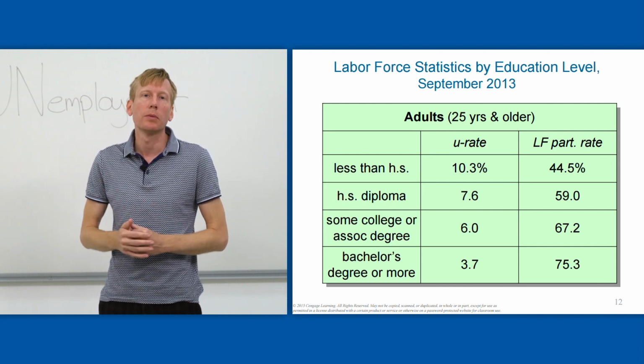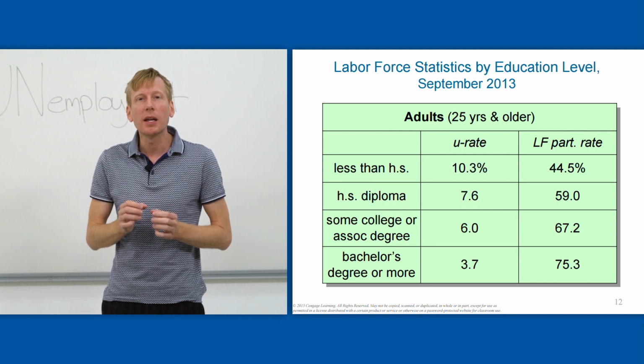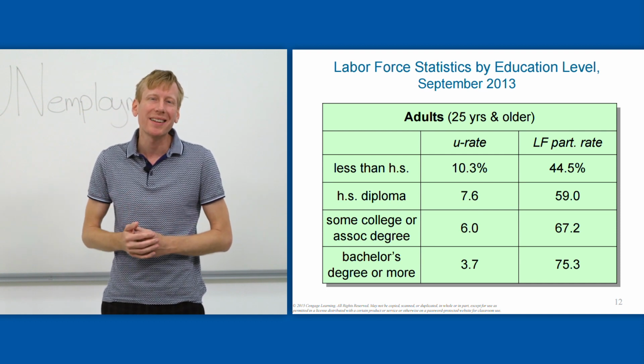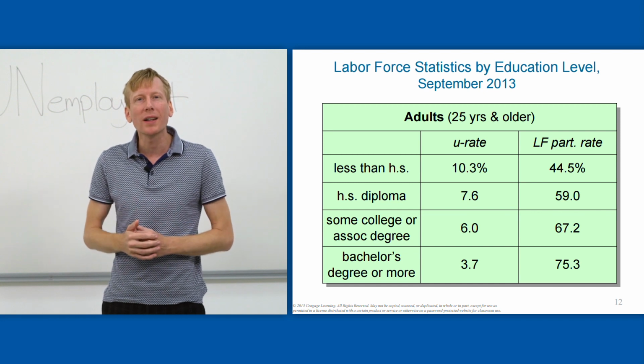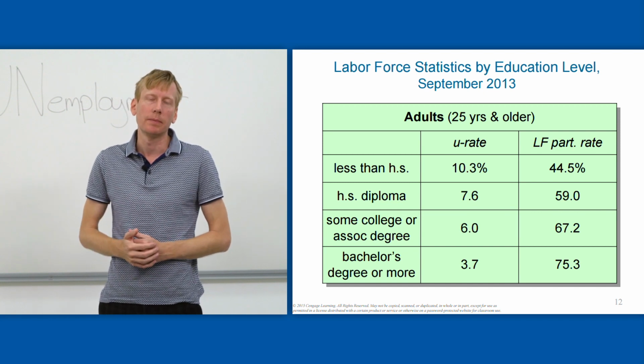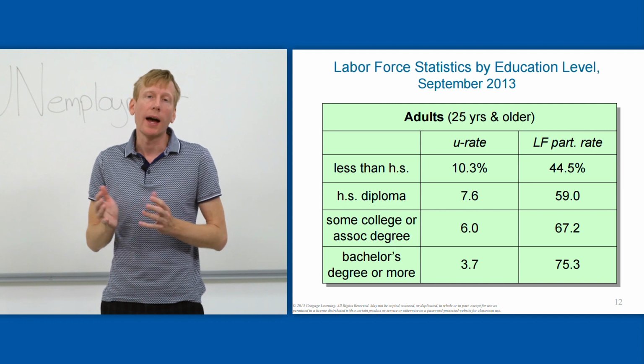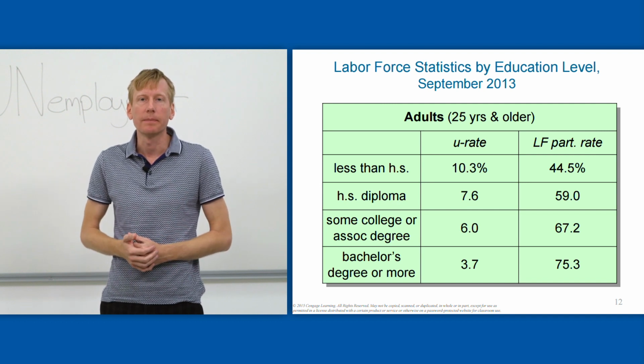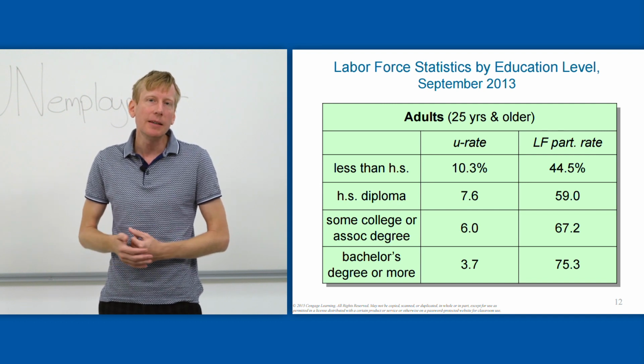So it isn't just that people with a university degree are more likely to be able to find jobs if they want them. They also seem to be more likely to want a job than those people who have lower levels of educational attainment. Why might that be?